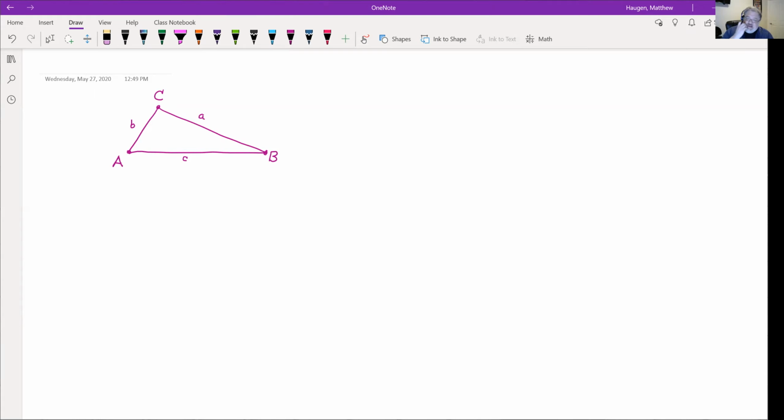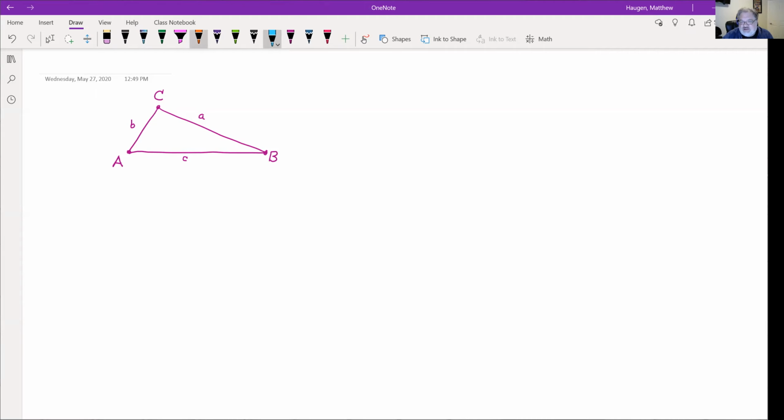So what I'd like to be able to do is build a tool that talks about the sine, cosine, or tangent of angles A, B, and C to build a relationship between sides a, b, and c, even though this isn't a nice right triangle.